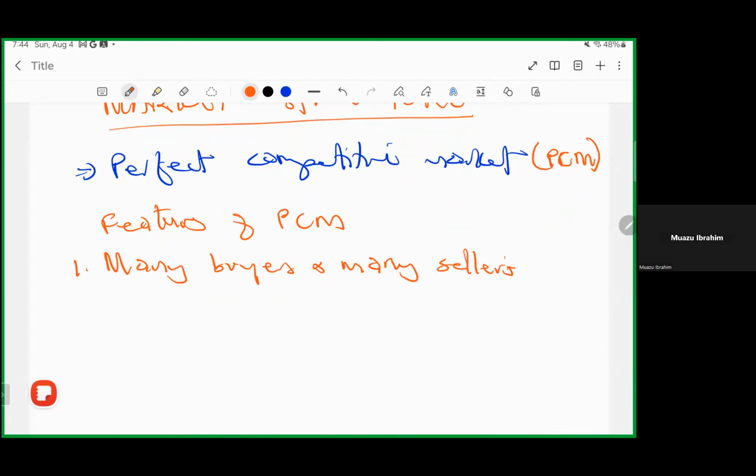Now, in a perfect competitive market, a key feature is its large number of buyers and large number of sellers. So you have a lot of people buying a particular product, and you also have a lot of people selling that particular product.